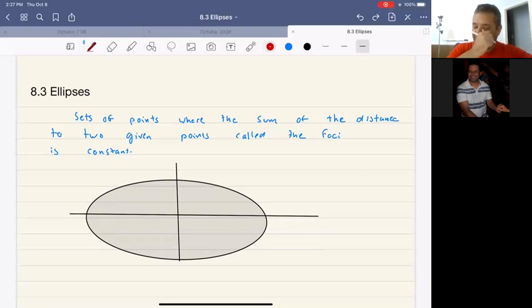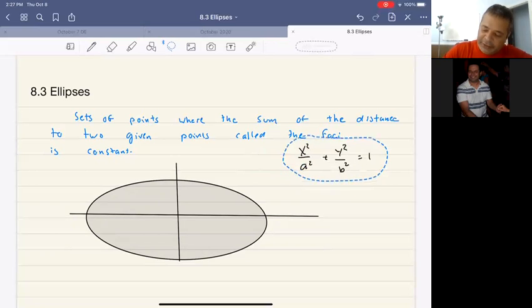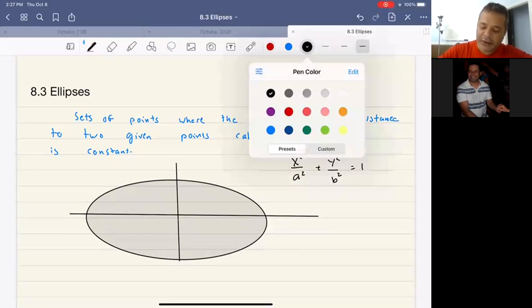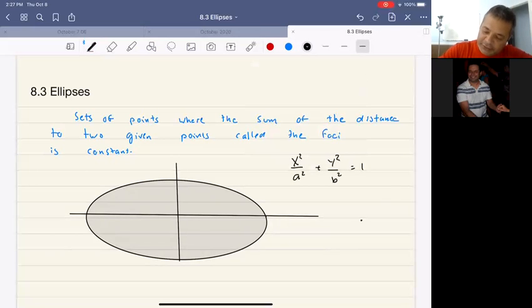So what's going on here is this, let's say this ellipse has the equation x squared over a squared plus y squared over b squared equals 1. Okay, and so if I have this being the equation, then this point here, which let me move just a little bit up.